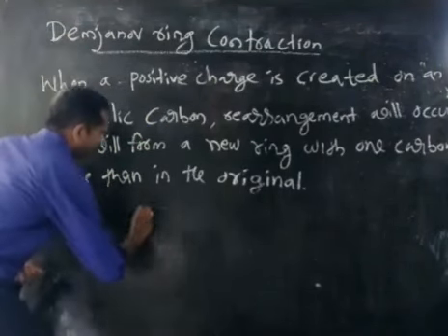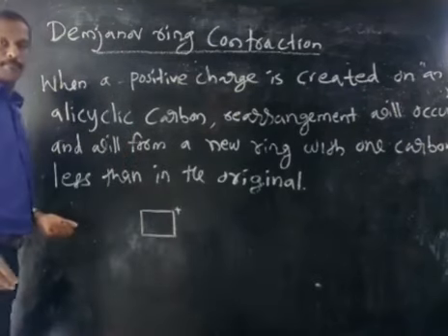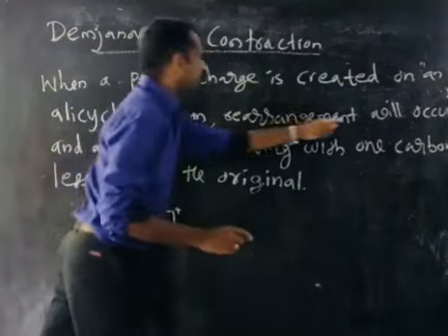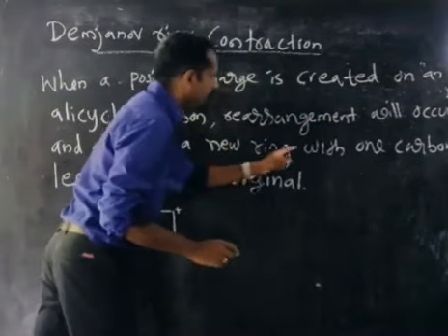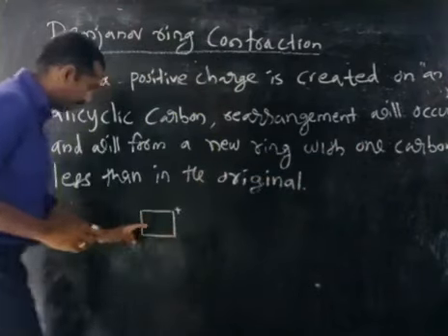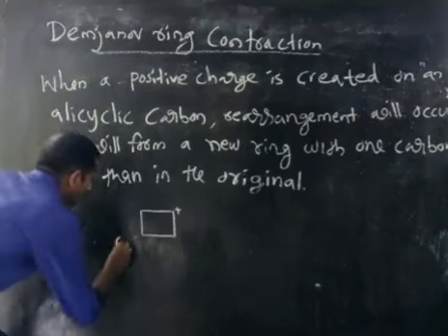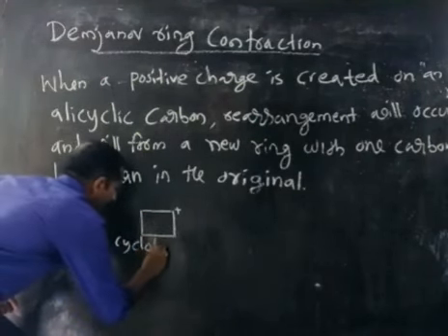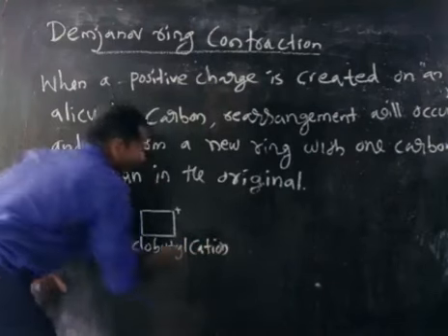So for example, you look at here. Here is a positive charge. Rearrangement will occur and will form a new ring with one carbon less than in the original. That means this is our starting compound. What is the name of this compound? Cyclobutyl cation.